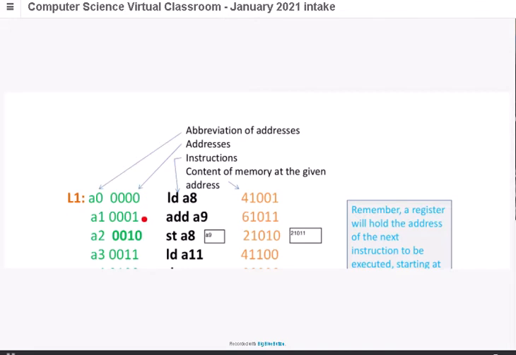Second instruction says add the number found at location A9. What's in location A9? It's M. So I'm going to add M to the value of what's in the accumulator. What is in the accumulator? It's the number M. So I'm adding M to M and put the result into the accumulator. That's what add A9 means. So twice M is going to be put into the accumulator.